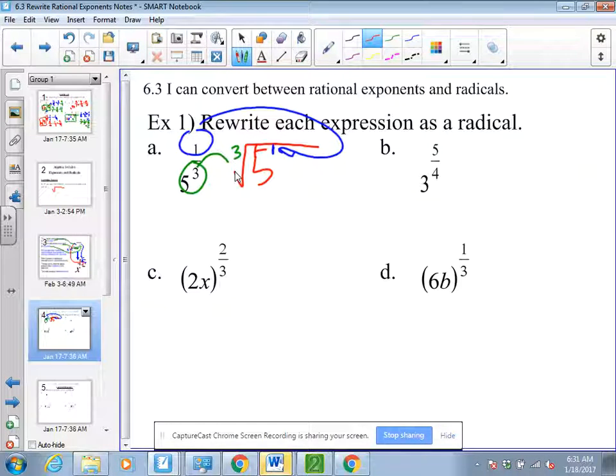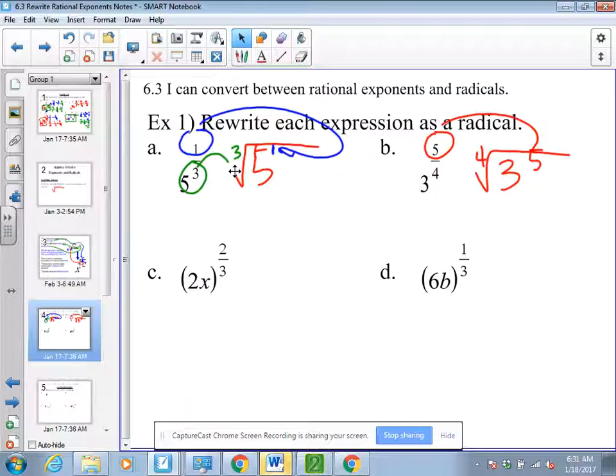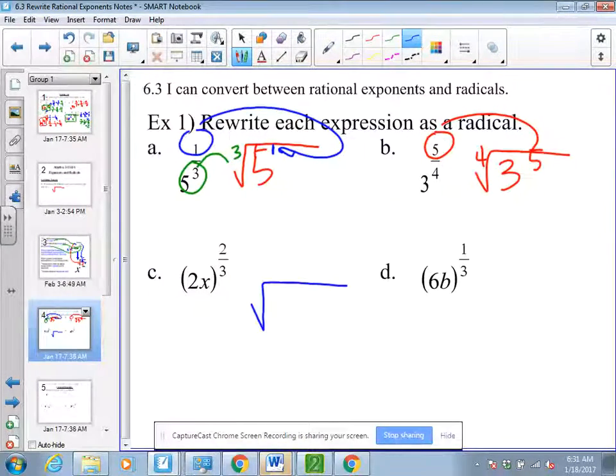So I do the same thing here. Put my root in. I'm going to put my base in. My numerator moves to my exponent. My denominator moves to my index. If I have a quantity that is not just one term, I'm going to include that whole base. So 2x is my base. I'm going to keep it in parentheses.